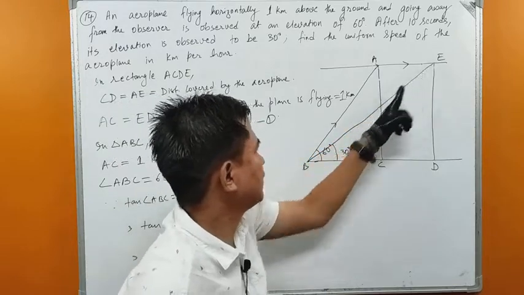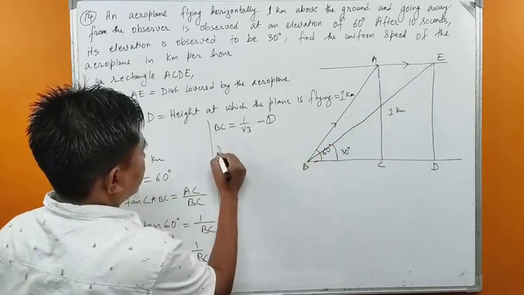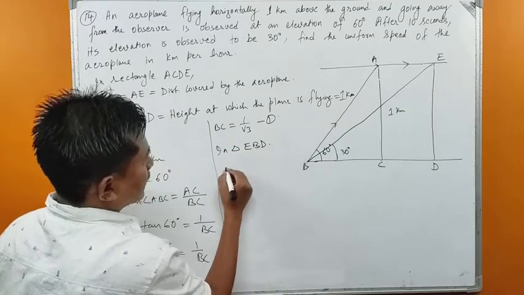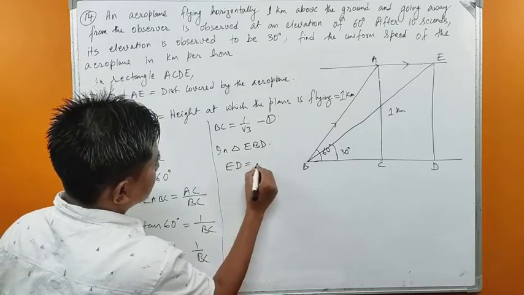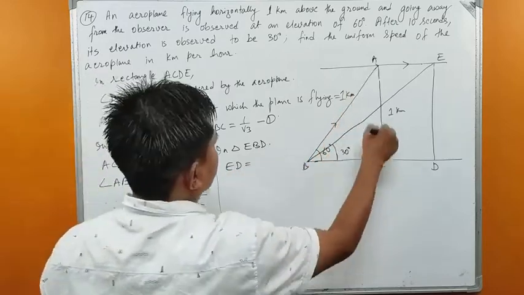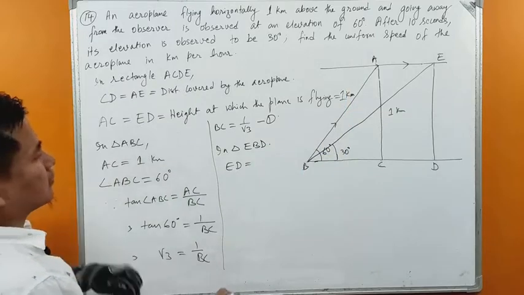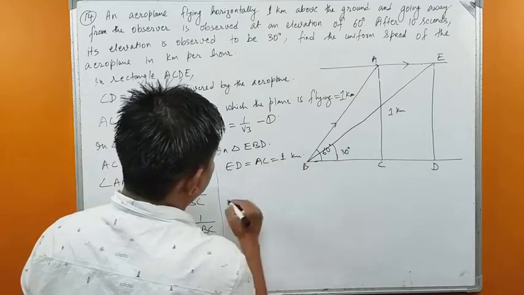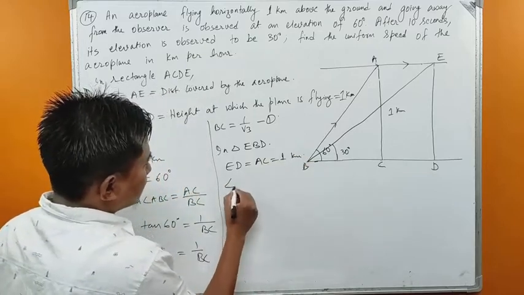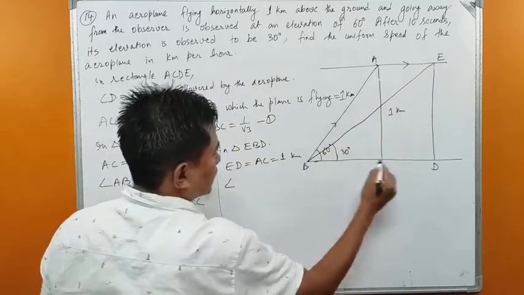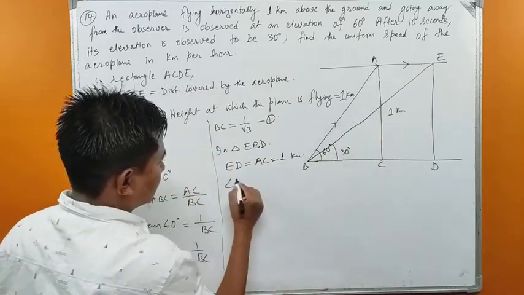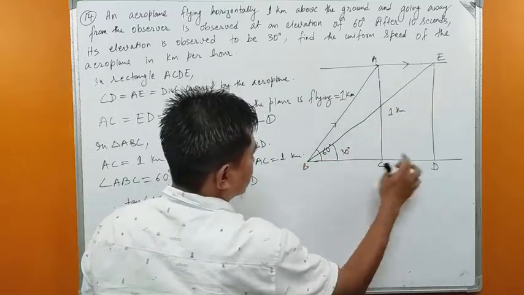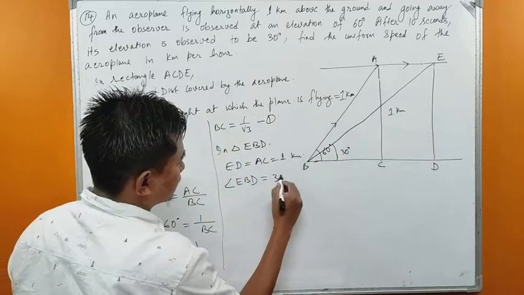EBD. In triangle EBD, ED and AC are equal, isn't it? AC equals 1 kilometer. And this angle EBD equals 30 degrees.